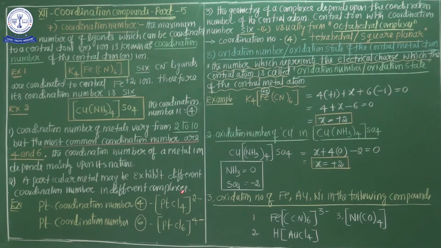For example, in platinum tetrachloride the coordination number is 4 and the structure is tetrahedral. In platinum hexachloride the coordination number is 6 and the structure is octahedral. The geometry of the coordination compound depends on the coordination number: if 6, octahedral; if 4, tetrahedral or square planar.